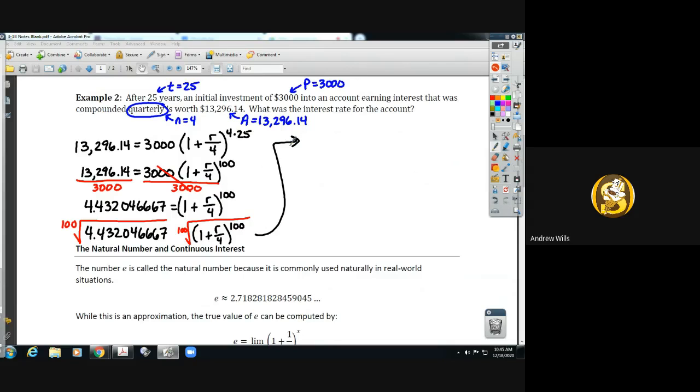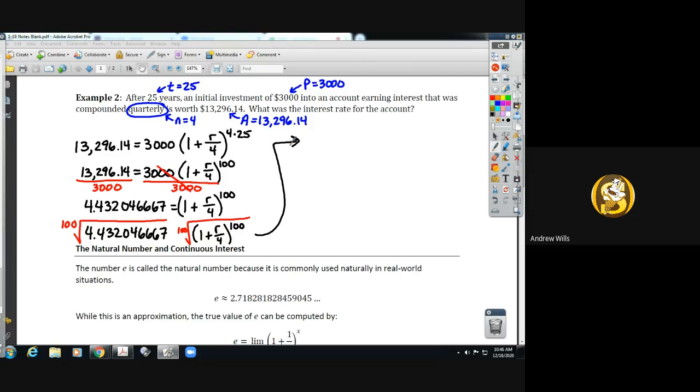So on your calculator, to take the 100th root, you type in 100, then you hit the math button, and you choose option 5, xth root.